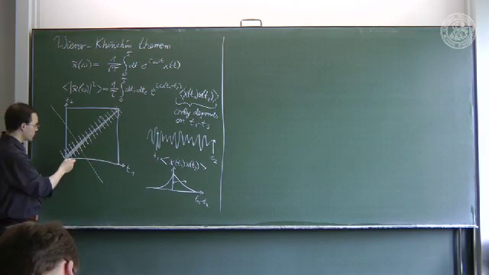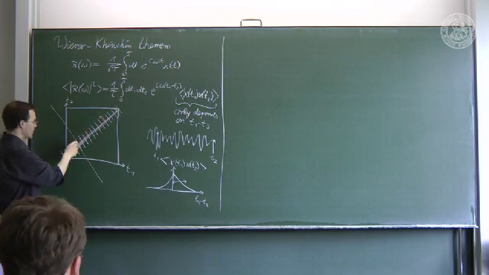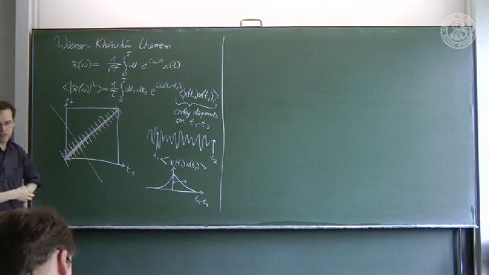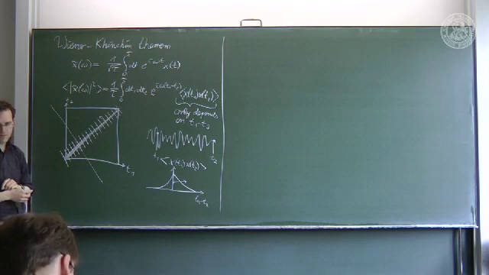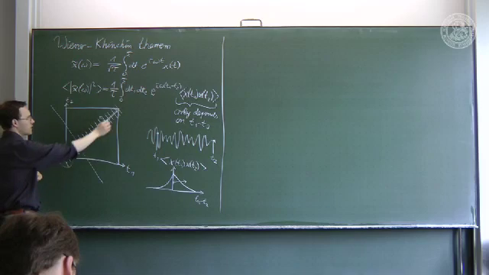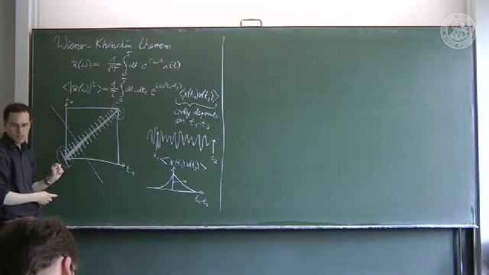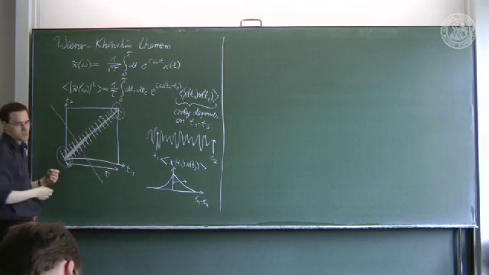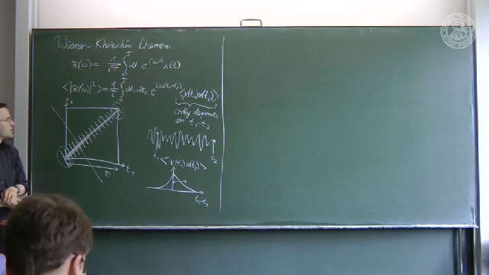And I will be able to do this because you see that the integrand, the correlator, only is non-vanishing in a tiny region around the diagonal, so I can simply drop what happens in infinity. I will make a small mistake, especially here and here, but if the interval tau becomes large enough, then relatively speaking this mistake will be small. So that is the idea.